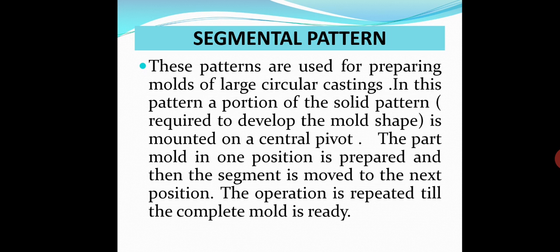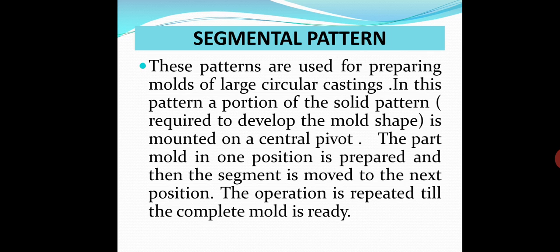These patterns are used for preparing molds of large circular castings. In this pattern, a portion of the solid pattern required to develop the mold shape is mounted on a central pivot. The part mold in one position is prepared and then the segment is moved to the next position.